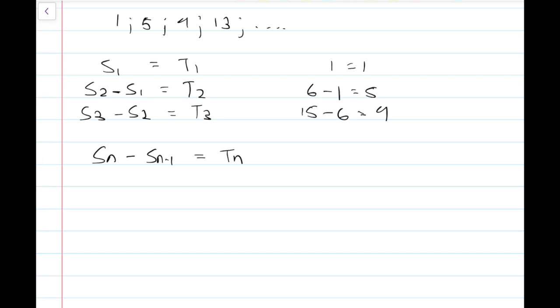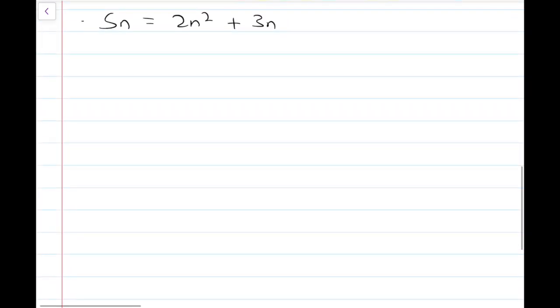What we're actually going to do is use an Sn formula for this. So we're going to say Sn is equal to 2n squared plus 3n.